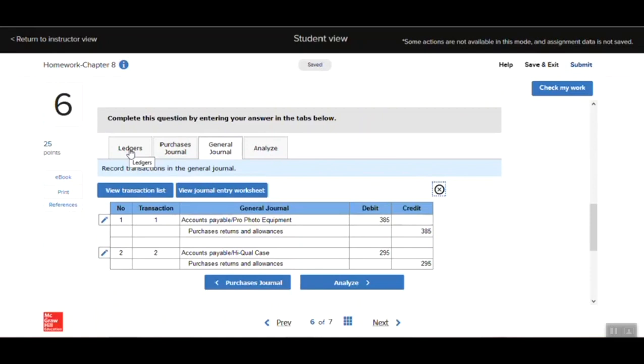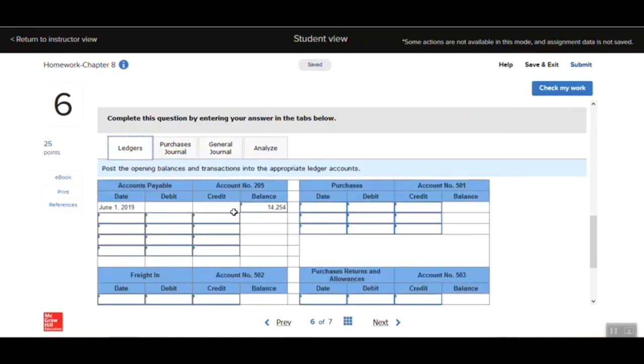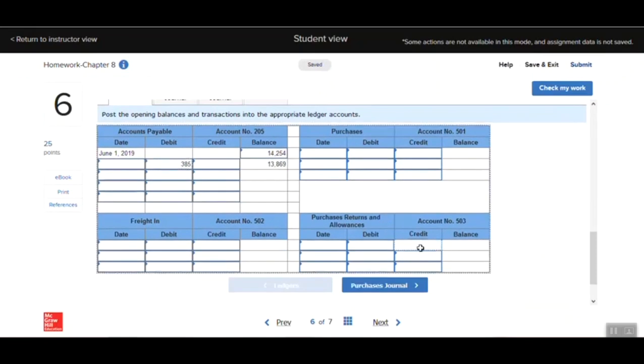So we're going to have to go from the journal to our ledger. And we need to post a debit in our accounts payable for the first entry, and that was $385. And the purchase returns and allowances of $385.